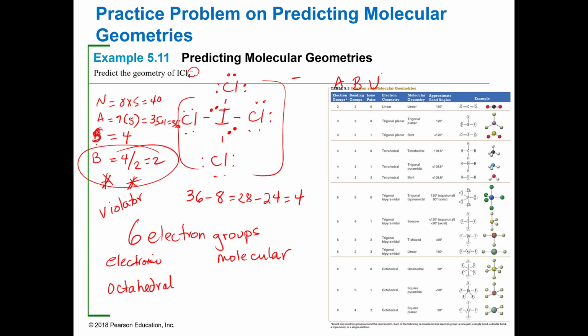So that is A in the center, B, it has 4 things around it, so AB4, and then it has 2 lone groups, right? Okay, so I can look over here and find the one with 6 groups, 4 things bound to it and 2 lone pairs, and that's telling me that the molecular geometry is square planar.